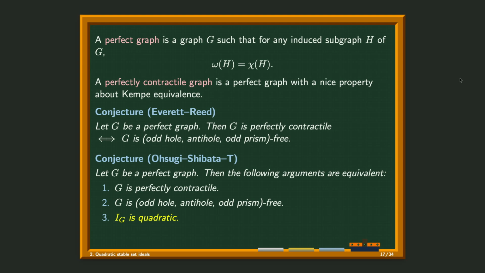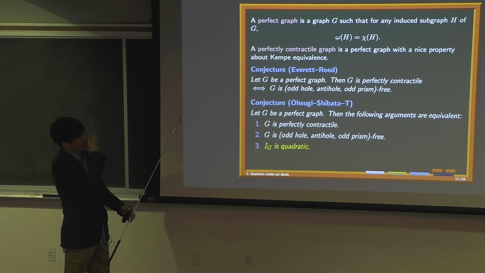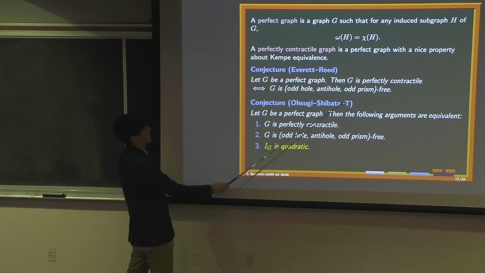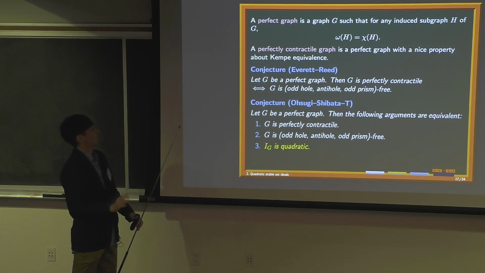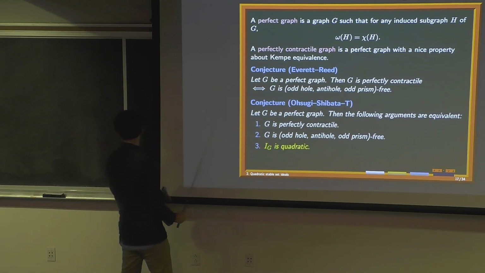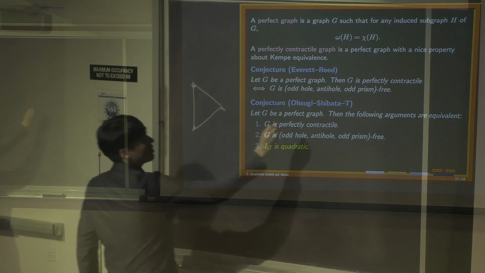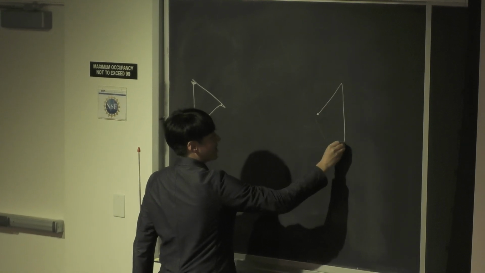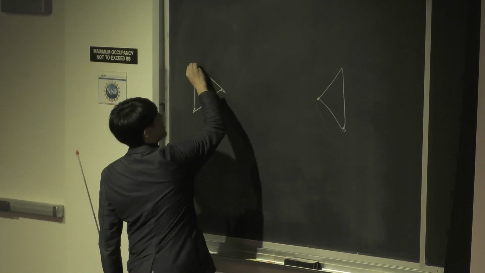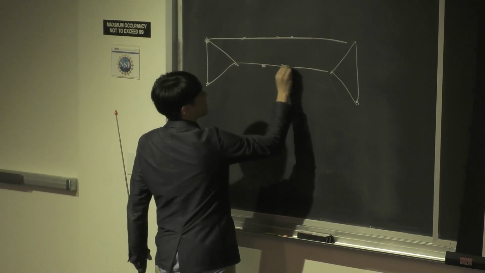A hole is just an induced cycle of length at least 5, and an anti-hole is the complement graph of a hole. An odd prism consists of two triangles joined by 3 paths.